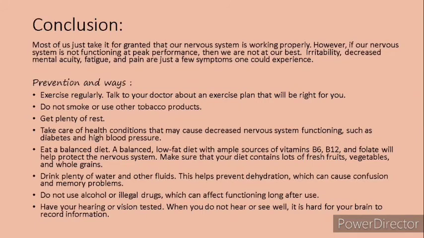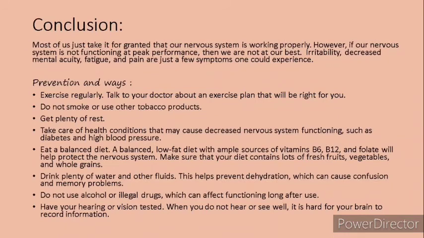So we can make the conclusion that most of us just take it for granted that our nervous system is working properly. However, if our nervous system is not functioning at peak performance, then we are not at our best. Irritability, decreased mental acuity, fatigue, and pain are just a few symptoms one could experience.